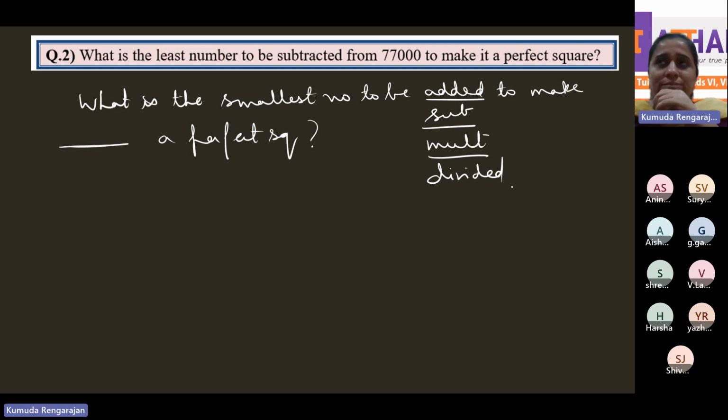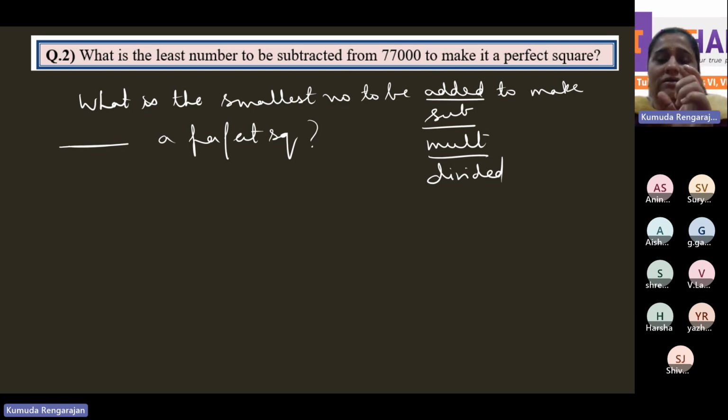They'll give you a number which is not a perfect square. The question will have a number which is not a perfect square, so you may have to answer one of these four questions. What is the smallest number that is to be added to the given number so that the resulting number is a perfect square?